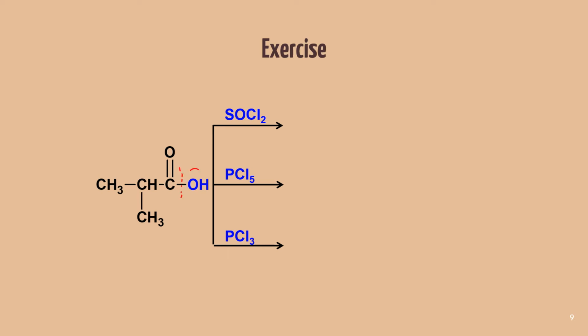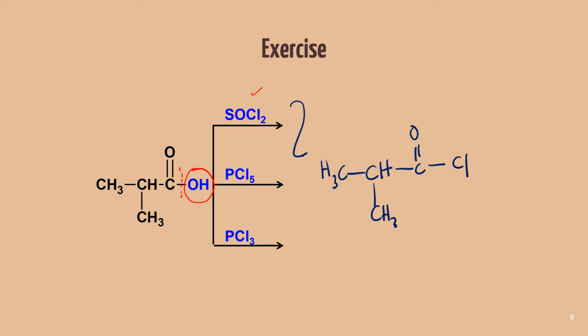Okay, so this OH will be substituted dengan reagent yang lain iaitu Cl. So by doing the substitution, so hence the product untuk semua reactions ini kita akan dapat OH akan digantikan dengan Cl.